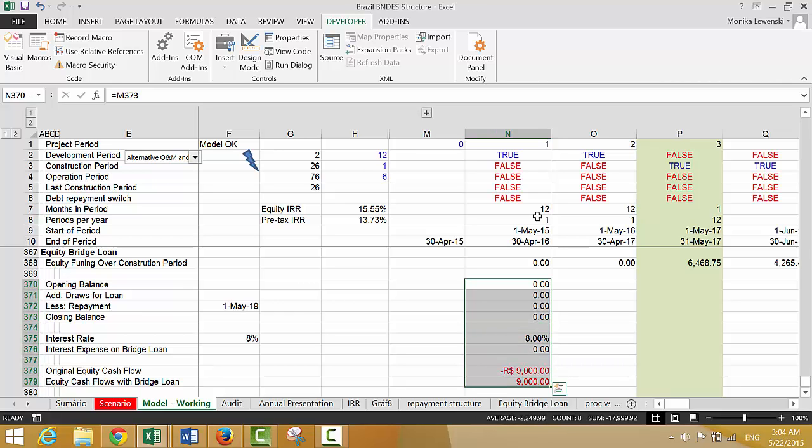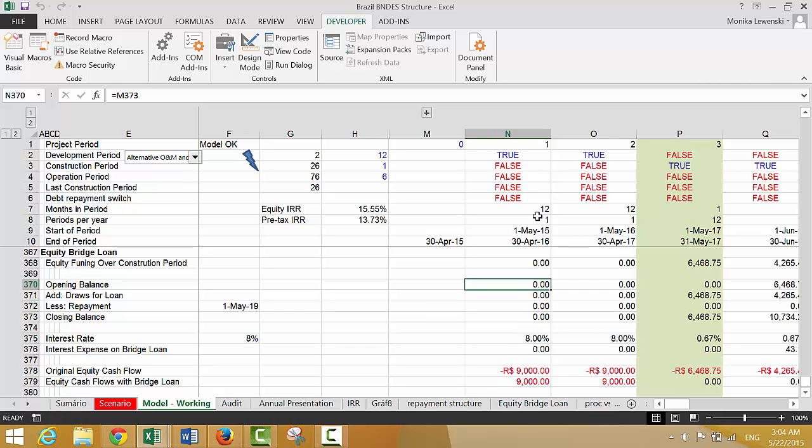Okay. I thought I pressed Shift Control R. So now what we have is equity cash flows.